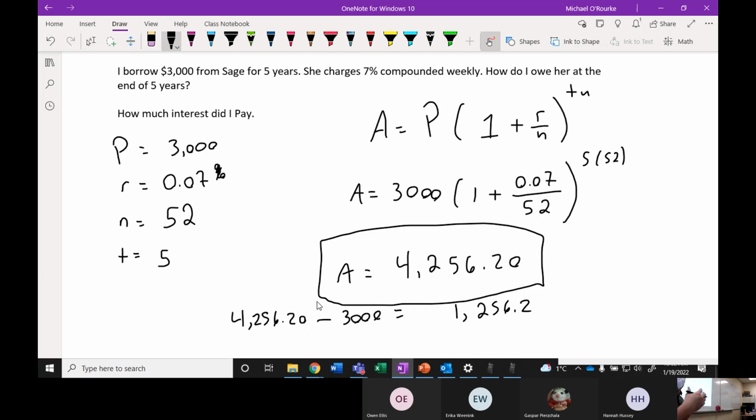So think about it like Sage invested in me and got back that money, but it's actually me paying her. I need to pay her 4,000 for the loan I took that was 3,000. The cost of borrowing, the interest, is the final minus the original.